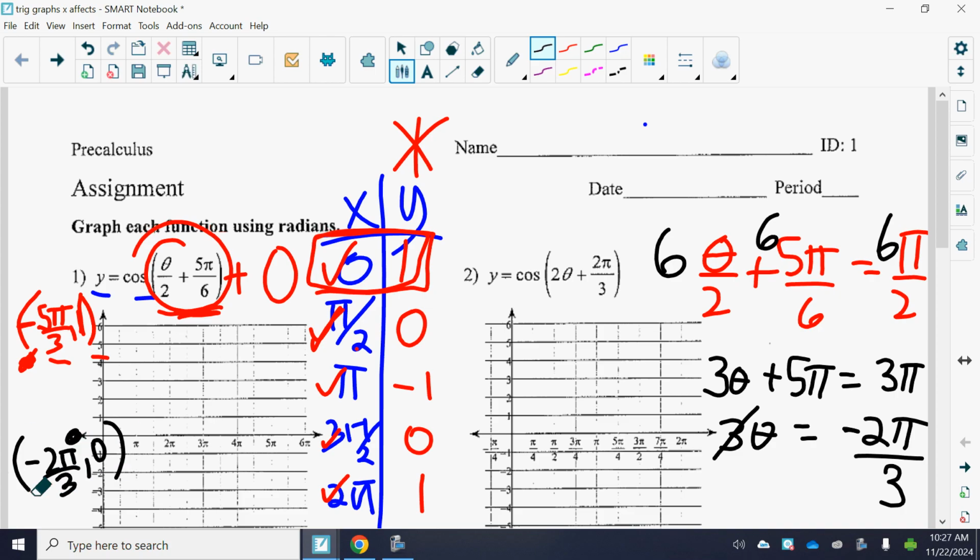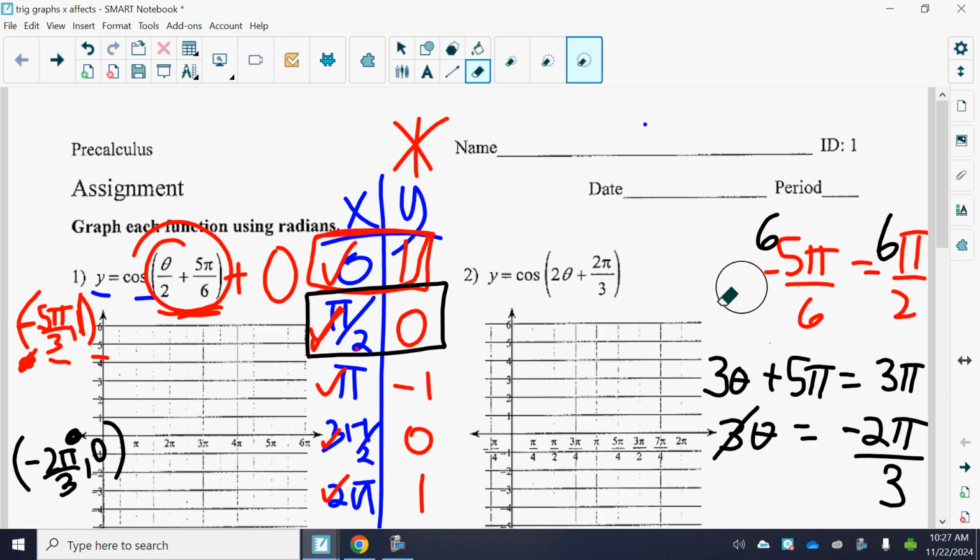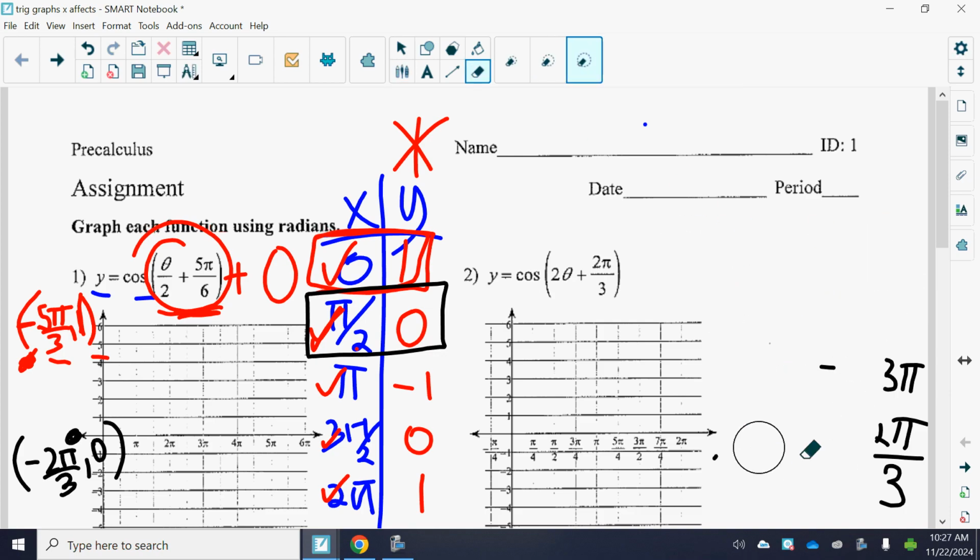Is that going to bother you now that I'm putting that as 0? It's public enemy number 2. It's the pi halves point, huh? Yes. I ain't touching the y's.